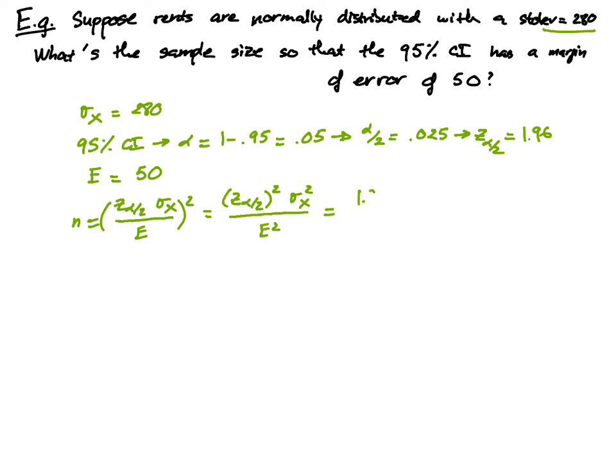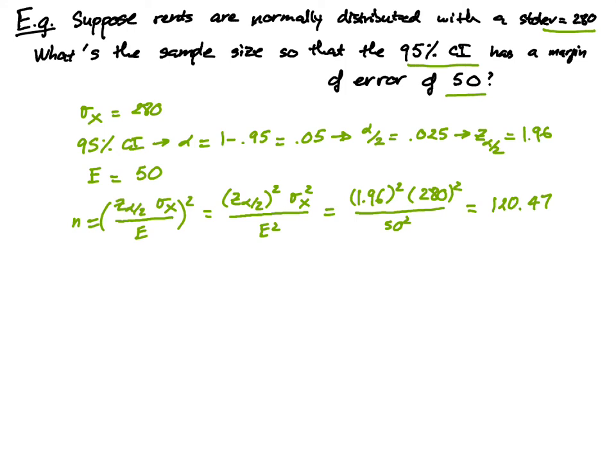So this is 1.96 squared times 280 squared divided by 50 squared. If you do the math here, you're going to get 120.47. So the answer to the original question is you need a sample size of 120.47 in order for the 95% confidence interval to have a margin of error of 50.